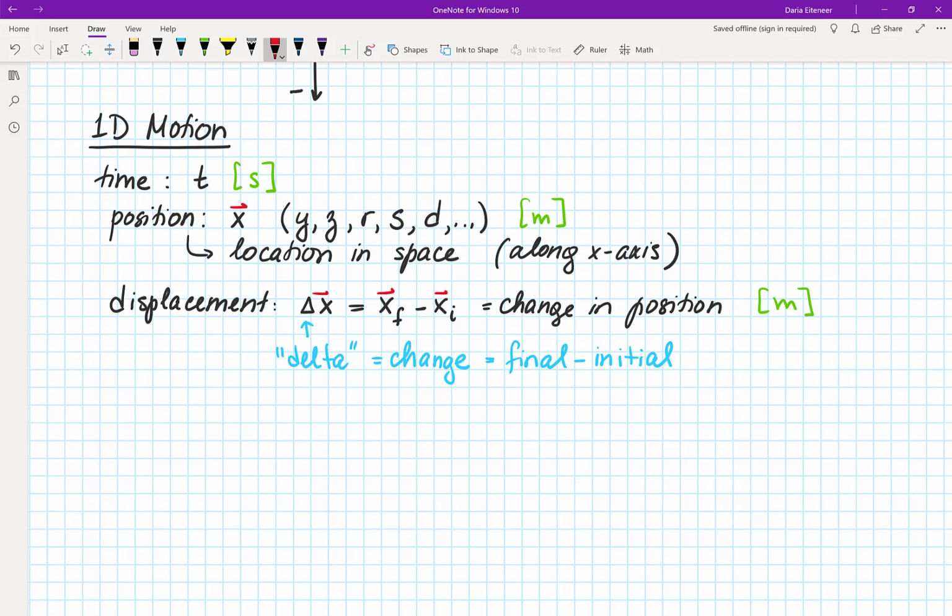Now, when we get to 2D motion, it's going to be absolutely necessary to distinguish between vectors and scalars, but at least we don't have to worry about that just yet. So keep that in mind, that these quantities in general should be defined as vectors, and a couple other ones too that I'll define in a minute, but we don't have to worry about that too much yet.